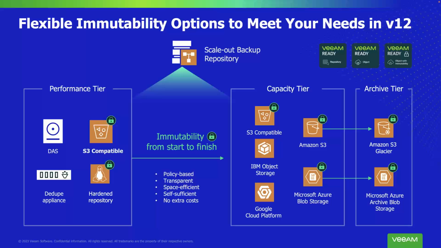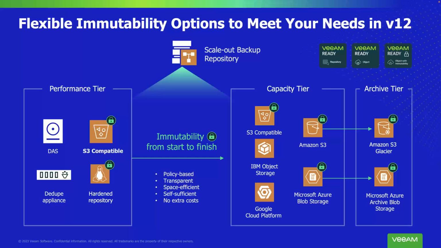Any S3 compatible storage vendor that supports object lock, you can turn on that capability and make your backup immutable. Today, we also support object lock in Amazon S3 in the cloud, as well as the newly added vendor, Microsoft Azure Blob Storage. They also have immutability today.